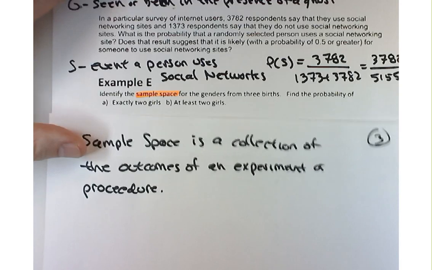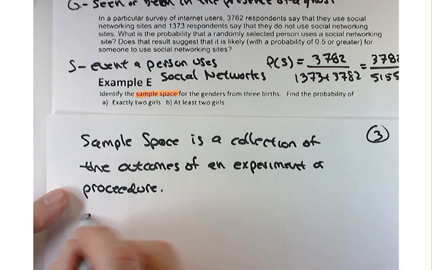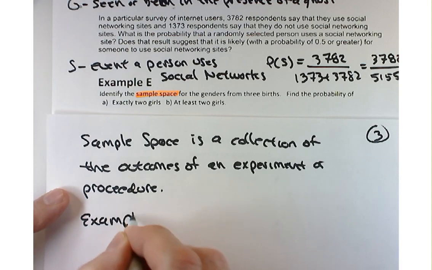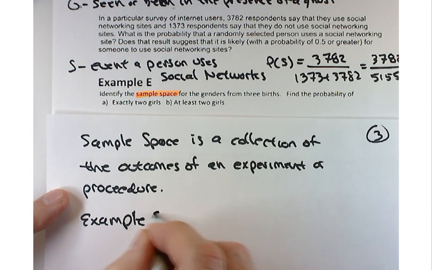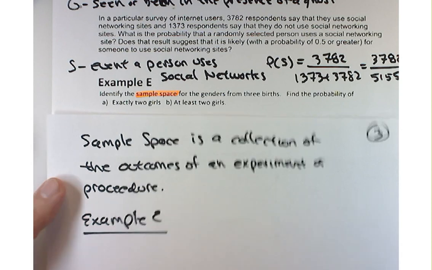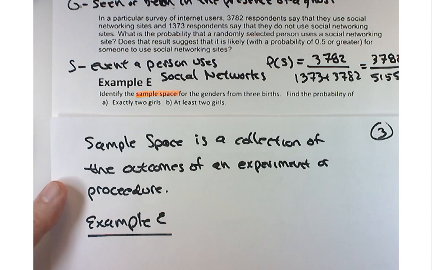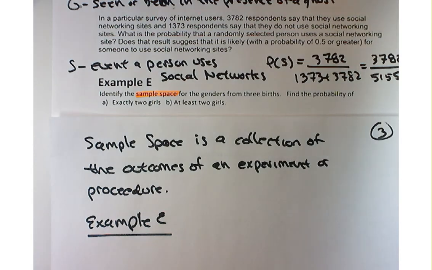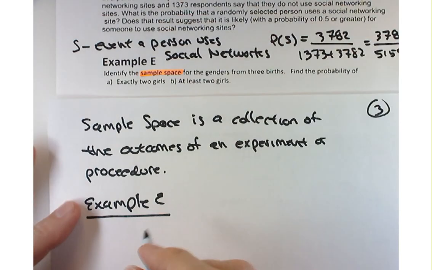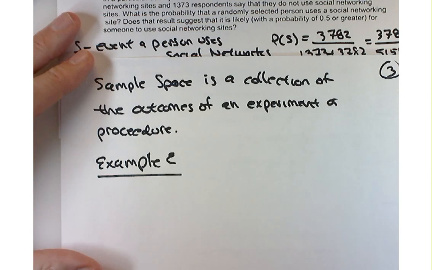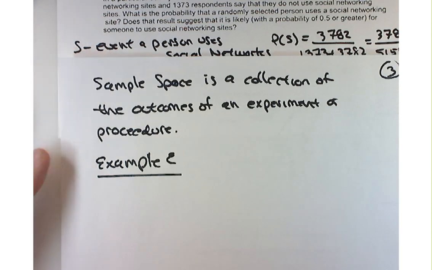And for example E, they want us to look at the sample space from 3 births. So you go to the hospital, you watch the next 3 babies that are born, and you find out their gender. So let's see what the sample space is going to look like. Now I'm going to enumerate it this way.